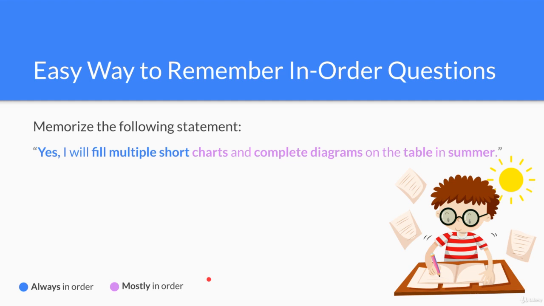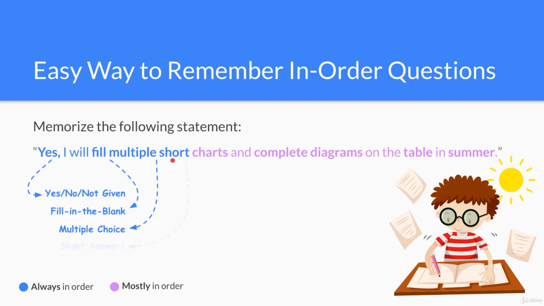And then, of course, any questions that are not included here are going to be the questions that are not in order. So the word yes here stands for yes, no, not given questions, also known as true, false, not given questions. The word fill stands for fill in the blank questions. Multiple stands for multiple choice.